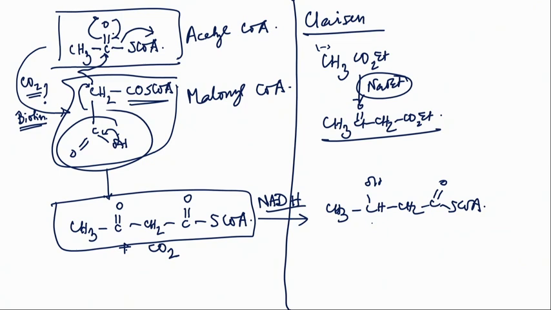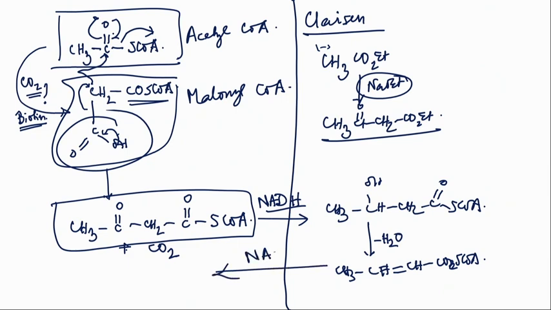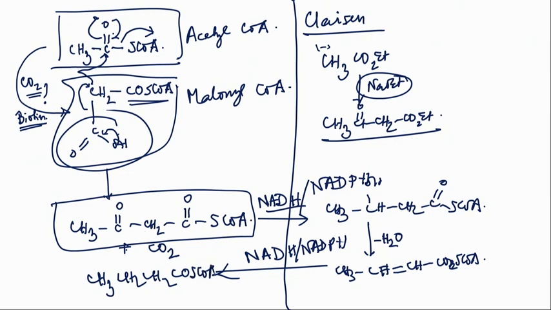So, you get this alcohol, then you get a dehydration step, minus H2O. So, that will form CH3 CH double bond CH CO SCoA. Okay. And then you get another reduction, NADH or NADPH, and what you will get is the saturation of the double bond.